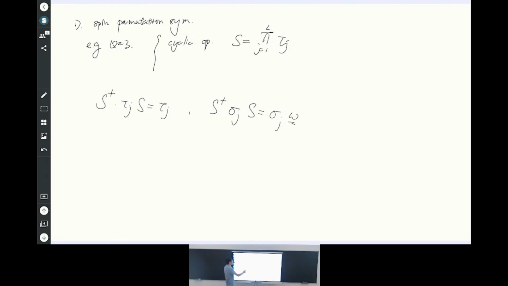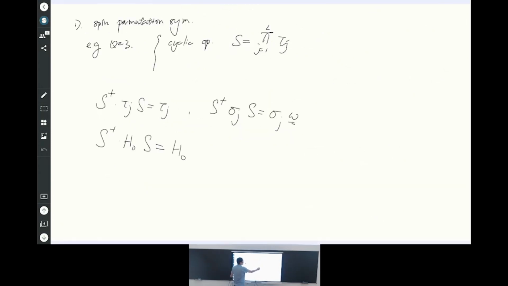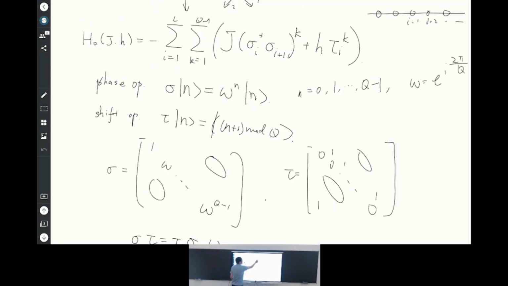And then you can prove that if you apply this to the H0 matrix, it is invariant. When you apply this to the second term, it's invariant. When you apply this operator to the first term, the additional phase factor omega was canceled by this, when you combine the sigma matrices together. Okay?